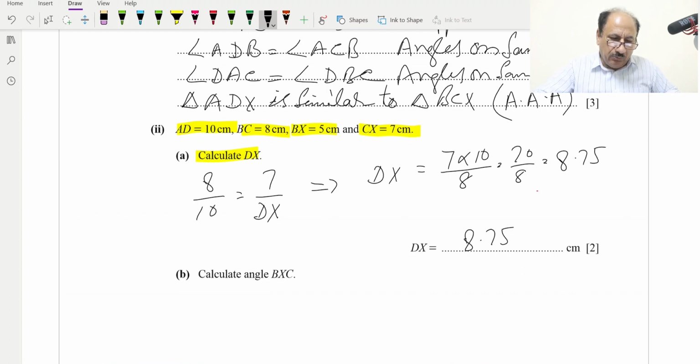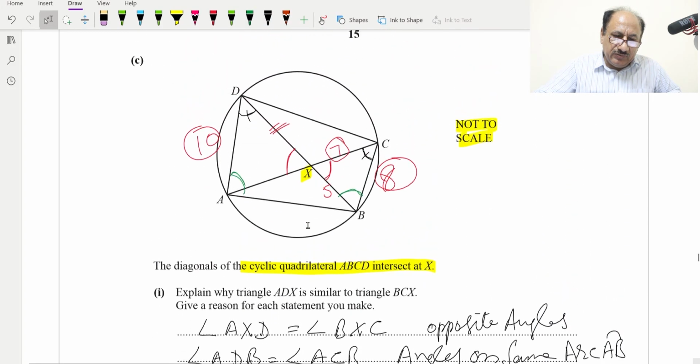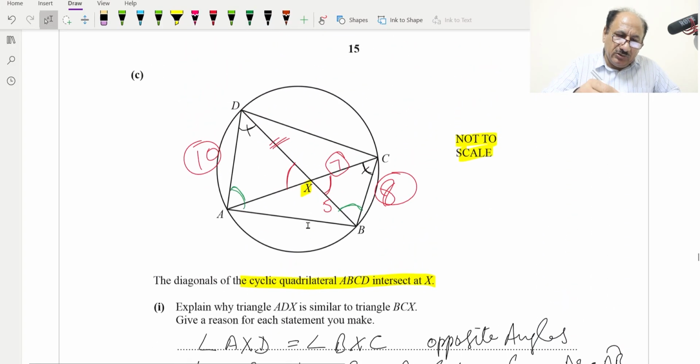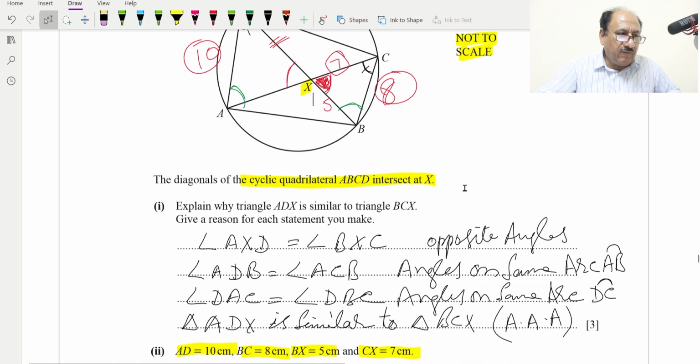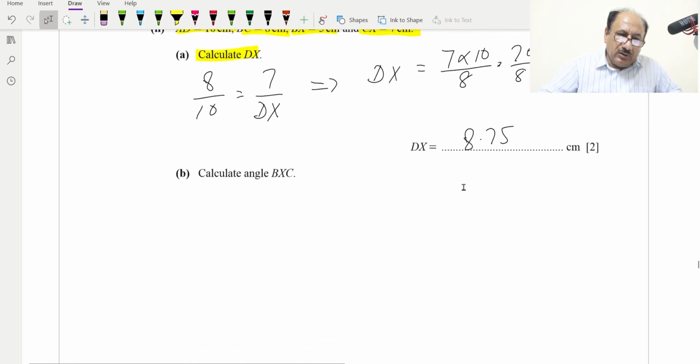This is done. Then calculate angle BXC. Now BXC angle is what? Basically this angle is required. This one which I filled. So we can use cosine rule. Cosine rule we can write cos of BXC, so we have to find this angle basically over here.